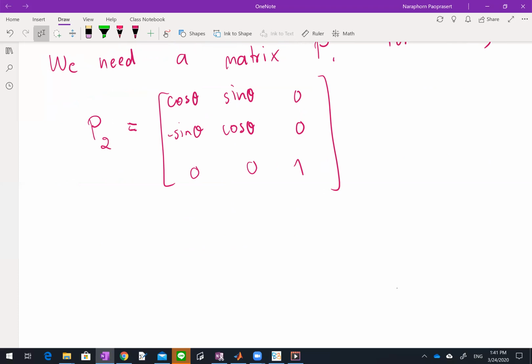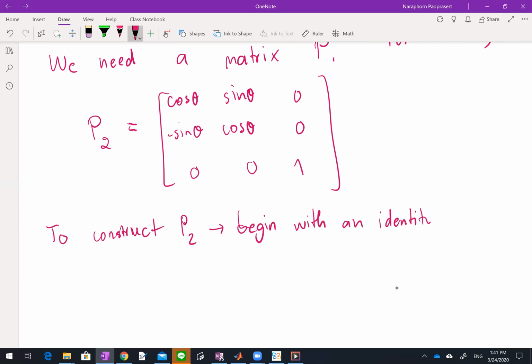So to construct P2, begin with an identity matrix.